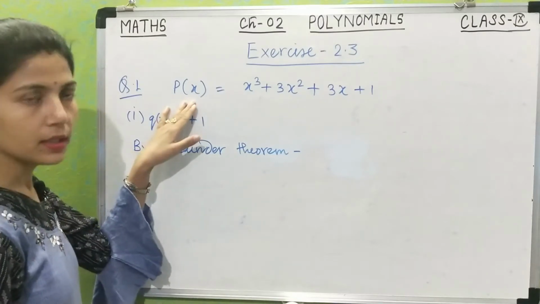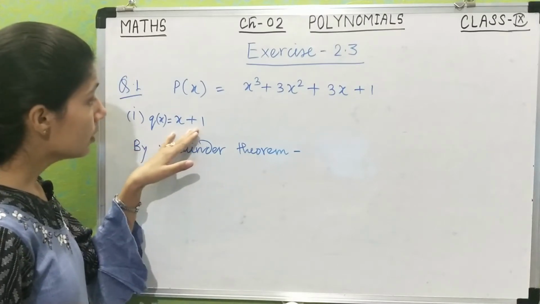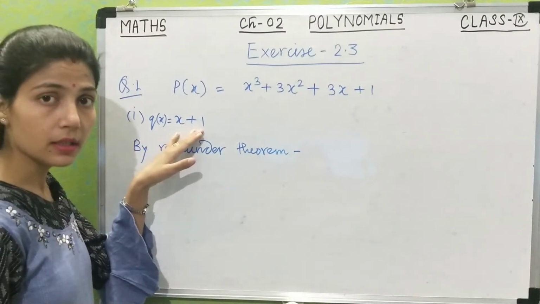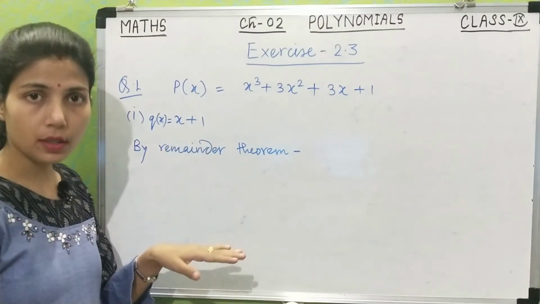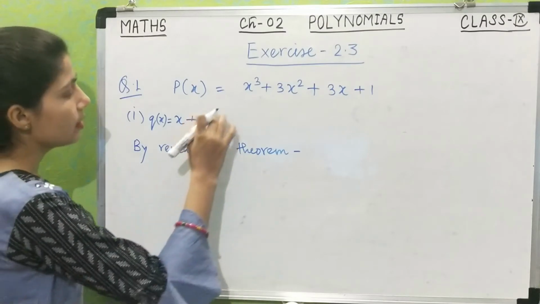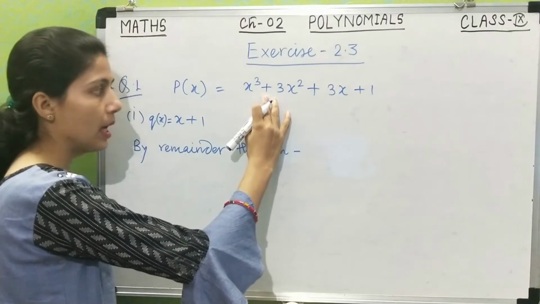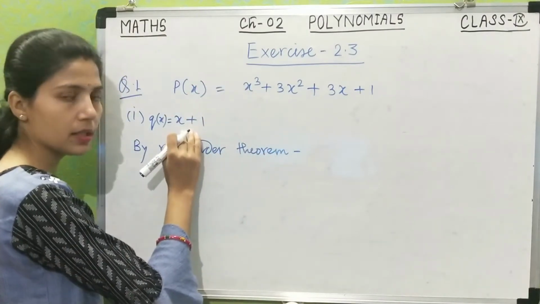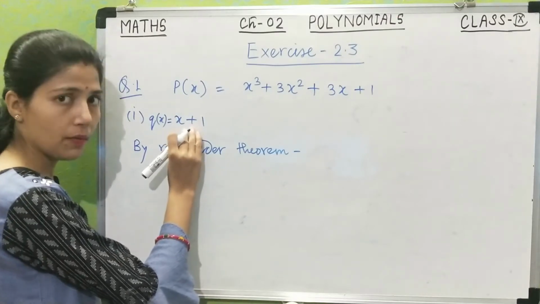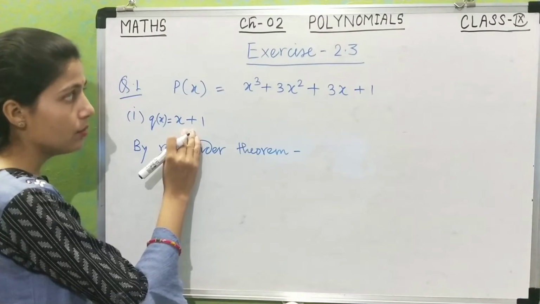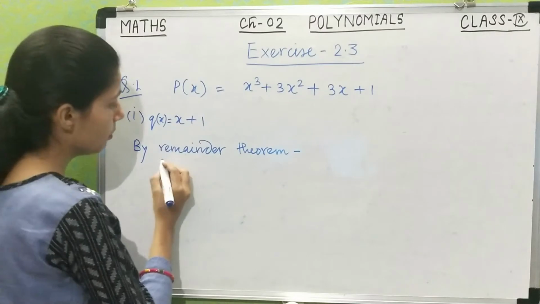If a polynomial is divided by a linear polynomial in the form of x minus a, where a is any real number, then your remainder will be pa. As you can see here, the given polynomial has degree greater than 1, and you are dividing it by x plus 1, that is a linear polynomial in the form of x minus a. Now the remainder will be pa.